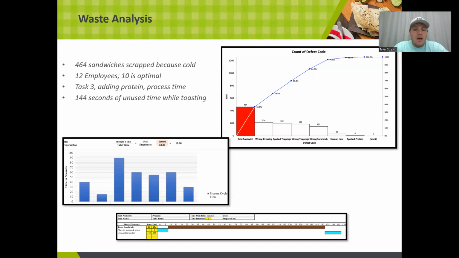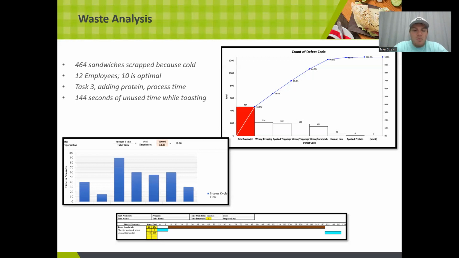With our work balance chart, we're also able to calculate the optimal number of employees for this process. Should be 10. 10 is the optimal number, but we are currently employing 12, which is 2 over that optimal amount.